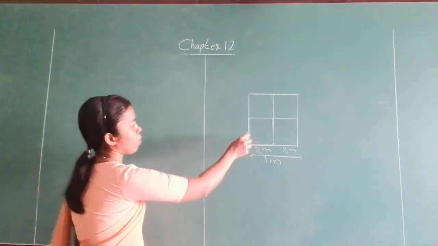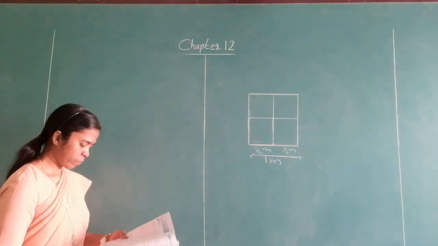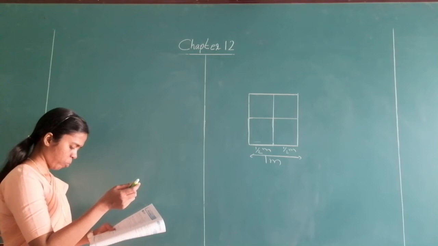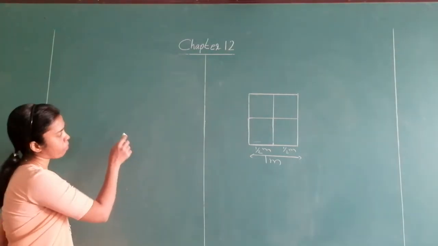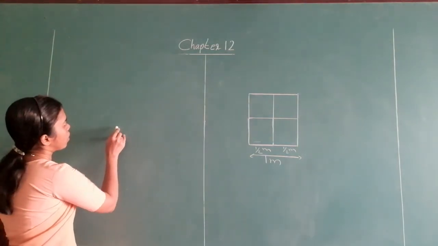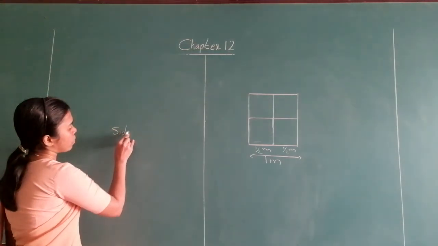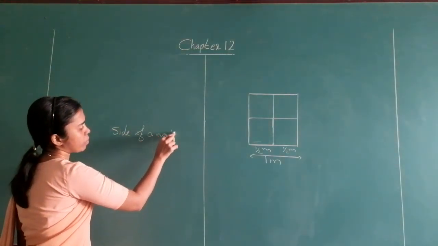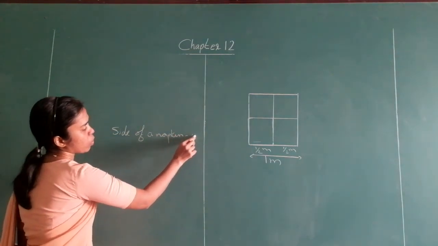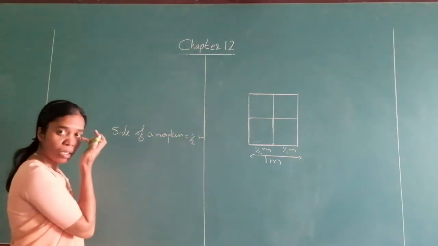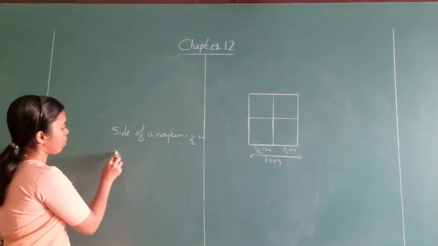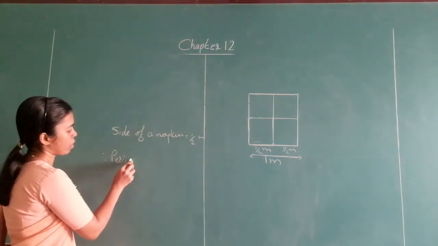Okay. Now what is the perimeter of one square? So you write over there, side of a napkin equal to half meter. Side of a napkin is equal to half meter. Therefore, perimeter of a napkin.